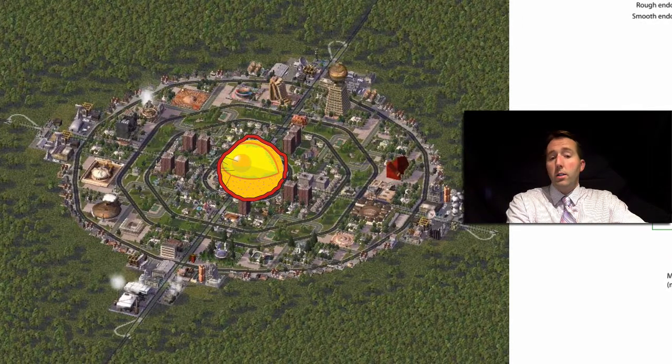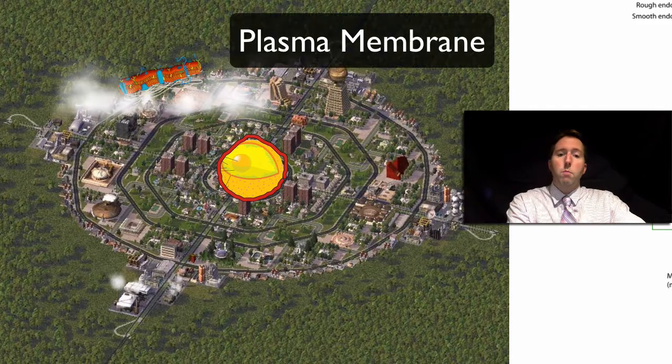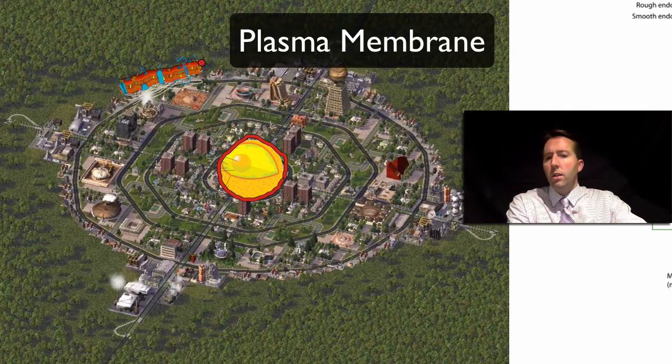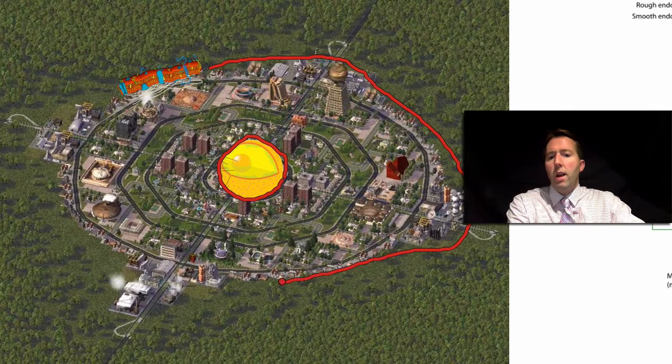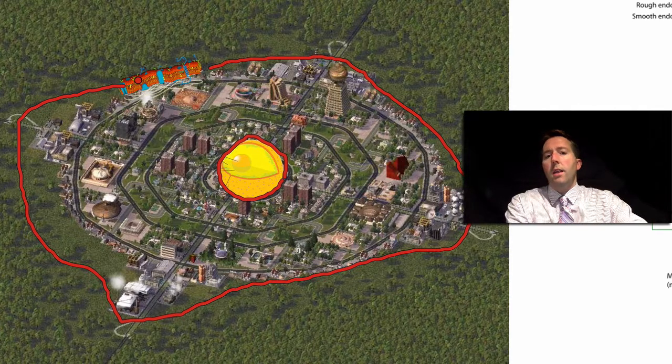Now, eukaryotic cells also have a plasma membrane. This is a little bit of it, but a plasma membrane actually goes all around our cell, so all around our city. And the plasma membrane's a bit like the walls of the city. It doesn't let everything in or everything out. It lets in just the right things and lets out just the right things.